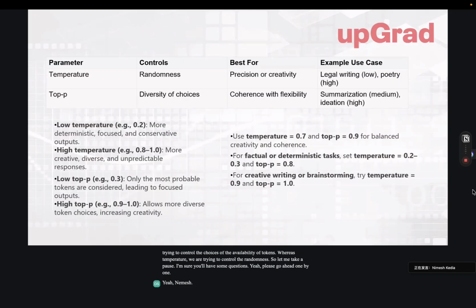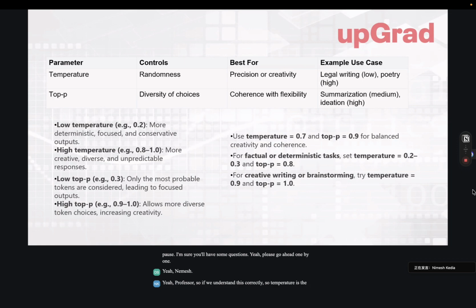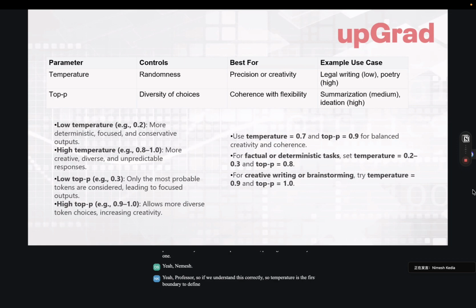Yeah, Professor, if we understand this correctly, temperature is the first boundary to define, and then top P becomes the boundary on top of the temperature. So let's say we want a certain prompt to be very precise, and we do not want it to be wide or creative, we would have a low temperature.